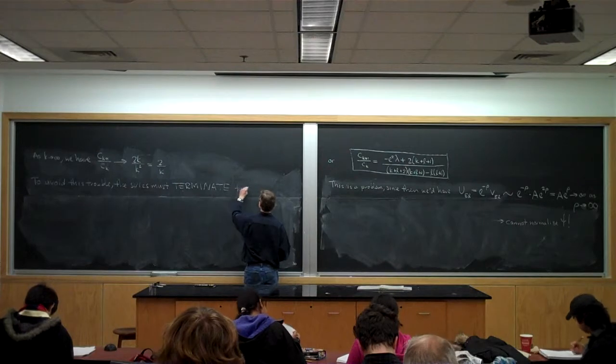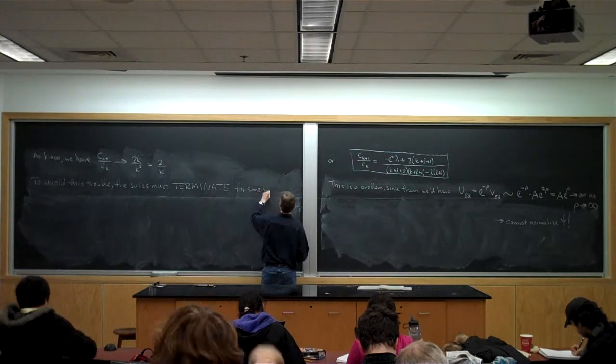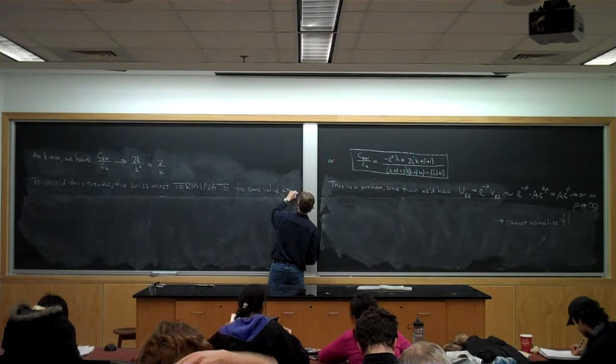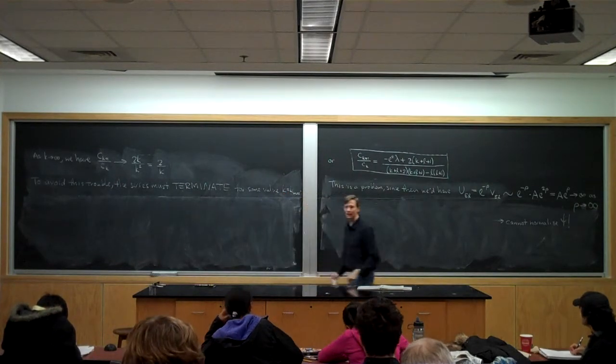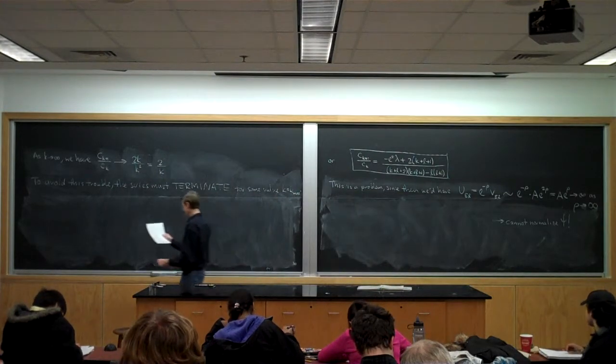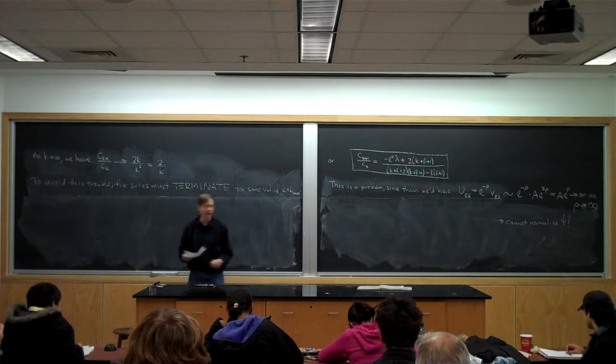So it must terminate is what our series has to do for some value of k. For some k max, there has to be some k max, the last non-zero coefficient.